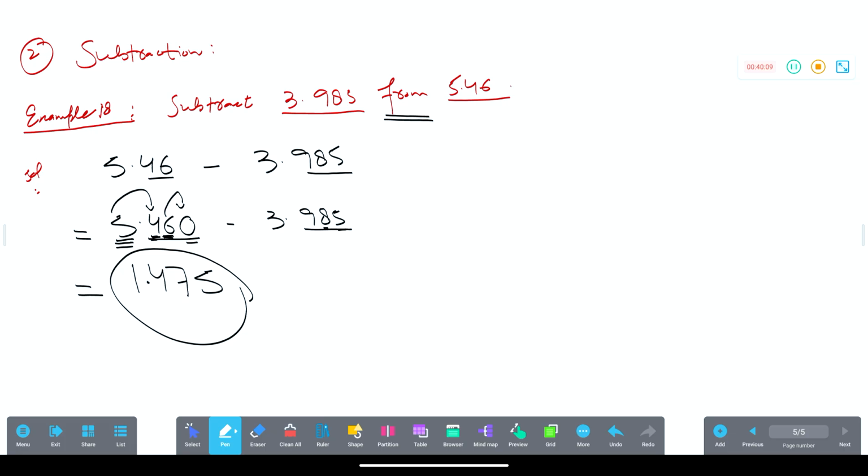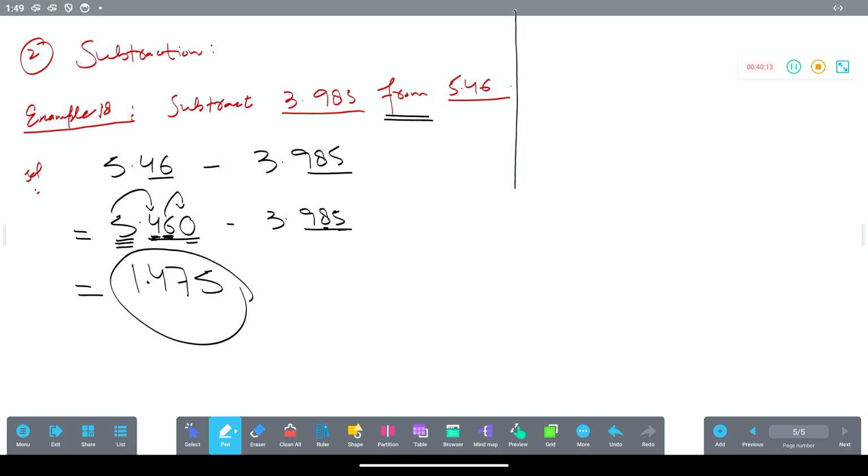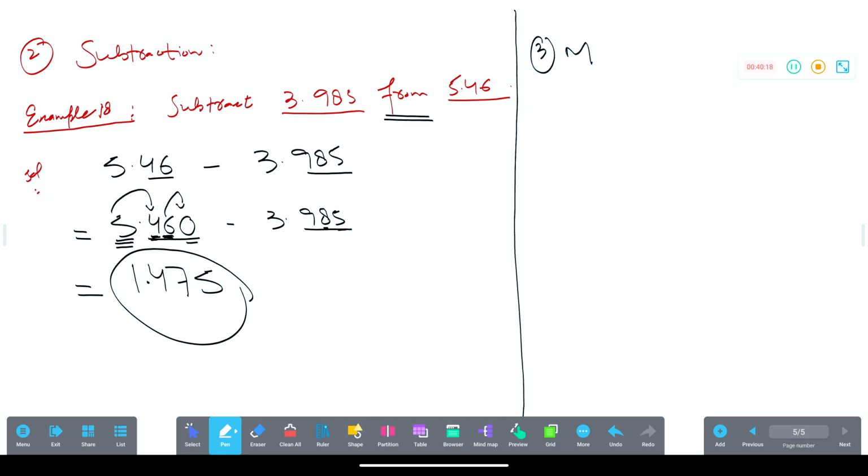We will carry on with the third operation now, that is multiplication. Taking on third, multiplication. I will give 2 examples of multiplication here.